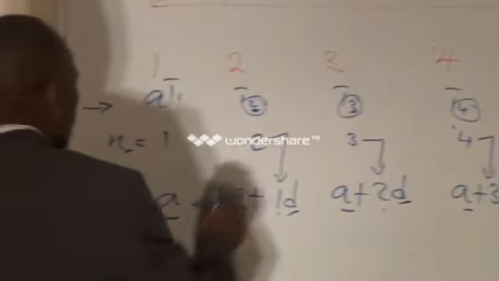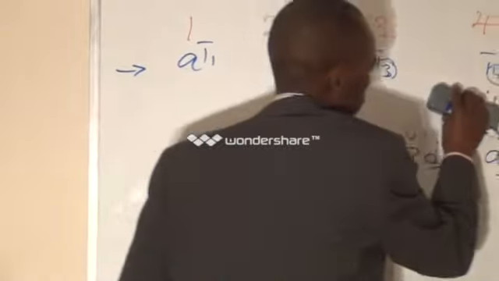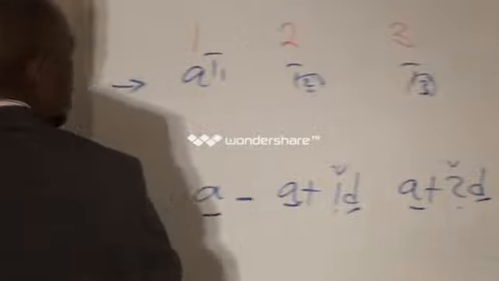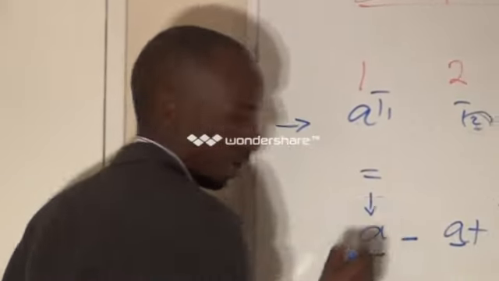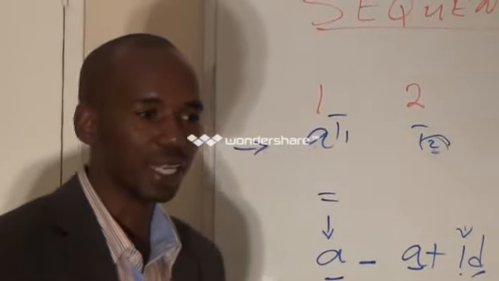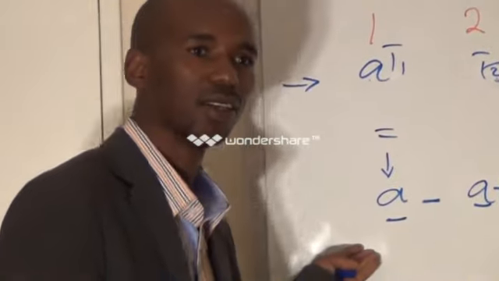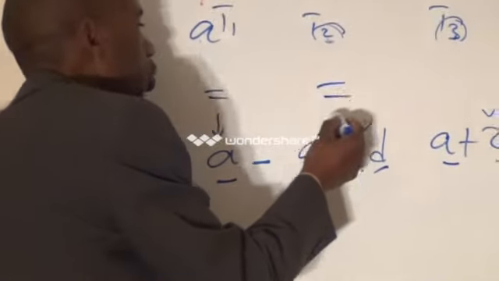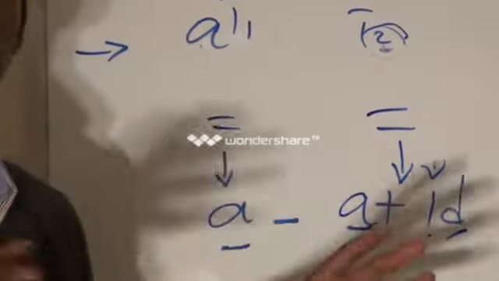So what have we just done here? What we've done here is to represent the terms of this sequence in general. Let's take a look at this again. T1 is equal to A. That should make sense. After all, we have said that the first term T1, we call it A. The second term T2 is equal to A plus D, A plus the common difference, A plus 1D.